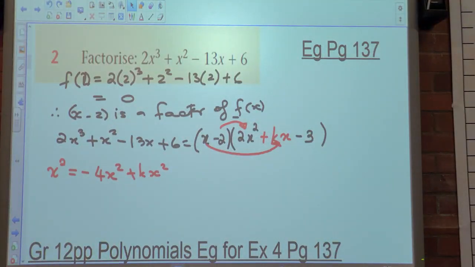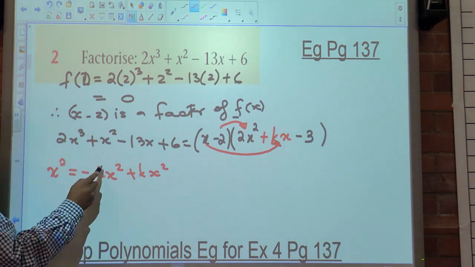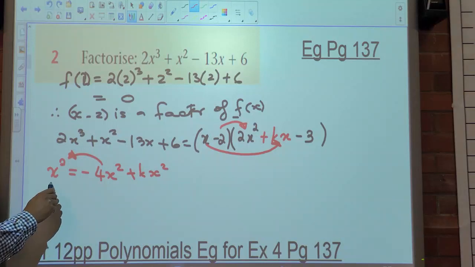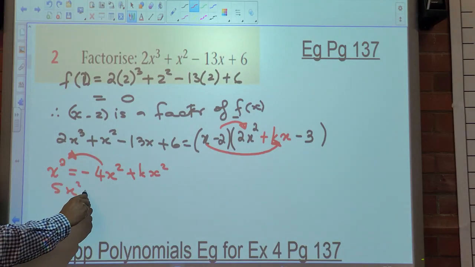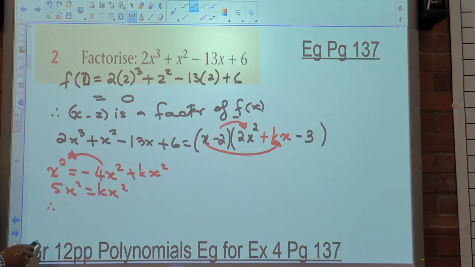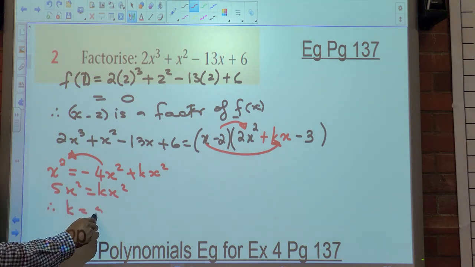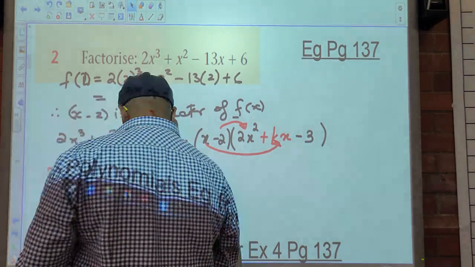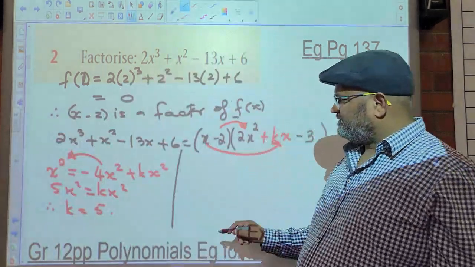This negative 4x squared over becomes x squared plus 4x squared, which is 5x squared is equal to kx squared. Therefore, k is equal to 5. Do I stop there? No. So what do I do now?